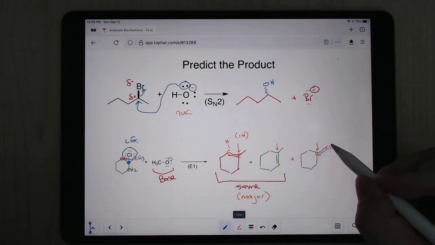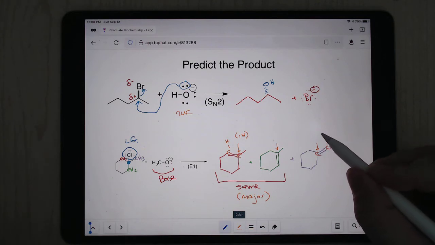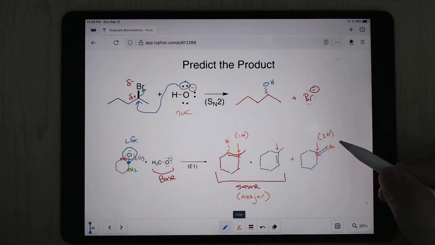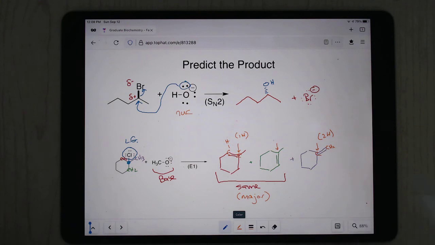But here it's a CH2, because there's only 2 bonds shown. So Zaitsev says, hey, you want the more substituted alkene that's formed. That means you have fewer hydrogens on it, and so this is going to be the major product.